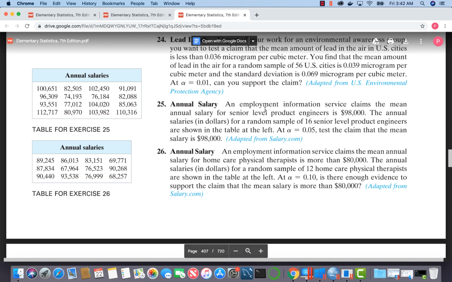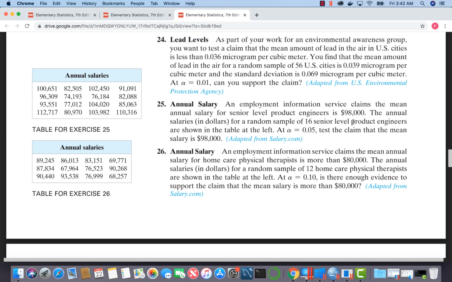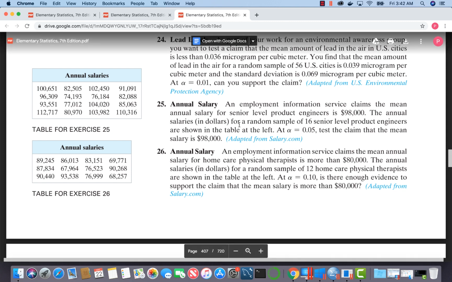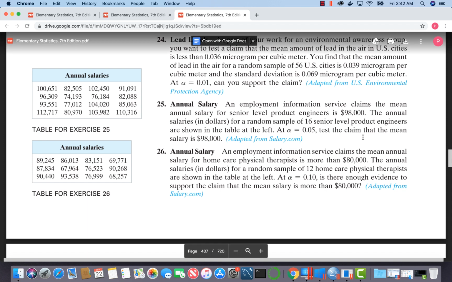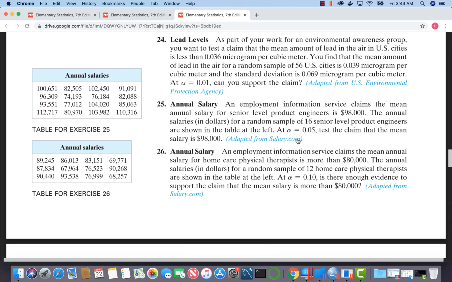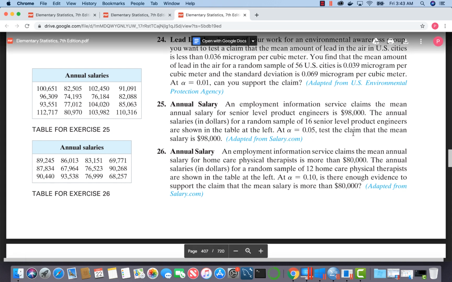An employment information service claims the mean annual salary for senior level product engineers is $98,000. The annual salaries in dollars for a random sample of 16 senior level product engineers are shown in the table at left, this table right here. At alpha equals 0.05, test the claim that the mean salary is $98,000.